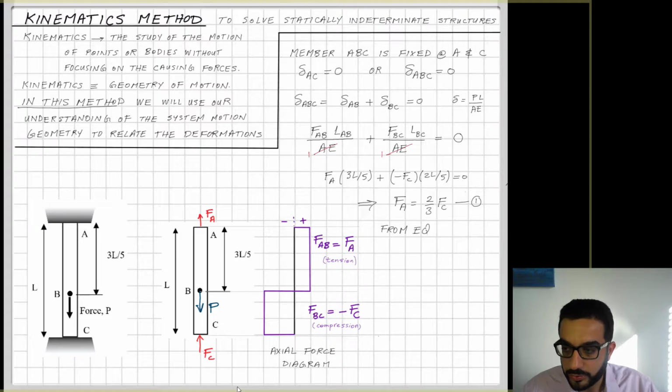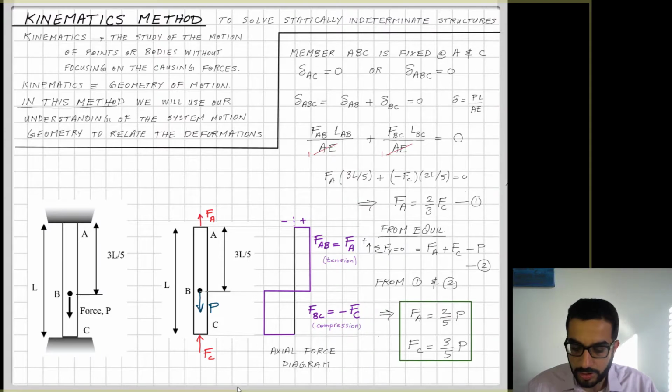Now I can go to my always-available equilibrium equation to get the other relationship between my reactions. This is the second equation in two unknowns, and I'll be able to solve for the two unknowns. You can see it's the same values I got using the redundant force method.